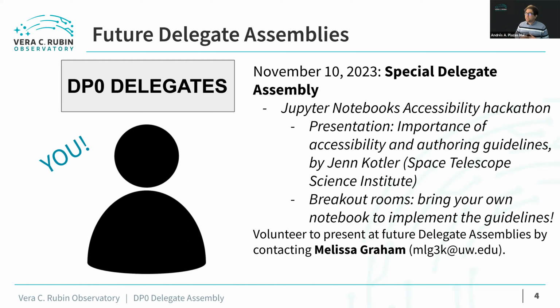We're going to have a researcher from the Space Telescope Science Institute, Jen Kotler, and she's going to tell us about the importance of accessibility and about the authoring guidelines that we can follow in order to improve accessibility in Jupyter notebooks. This is an important topic within the community science team, and we do have our own internal guidelines, and we've been trying to synchronize them with this type of authoring guidelines.